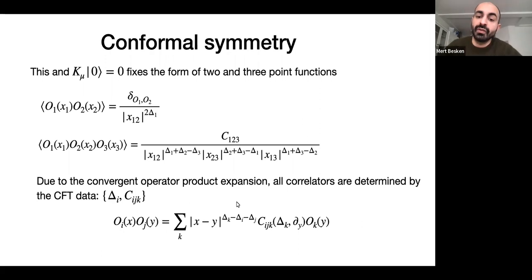If you're in a Euclidean CFT, there's a singularity. I think that's what you're pointing out. There's a singularity, but we know what the singularity is like. It's precisely this. But if you go to Lorentzian, there will be light cones and commutators and so on, which is slightly more complicated. But in this talk, I'm focused on Euclidean conformal field theories.